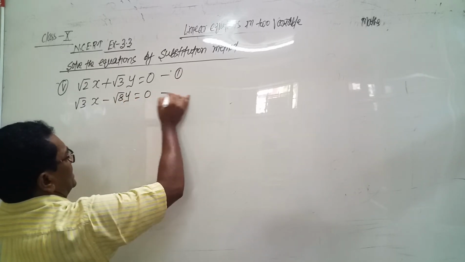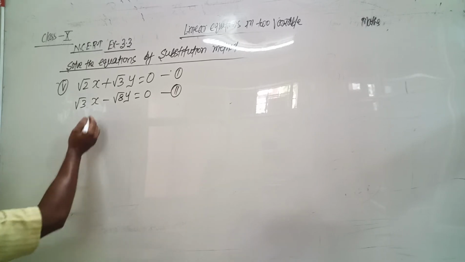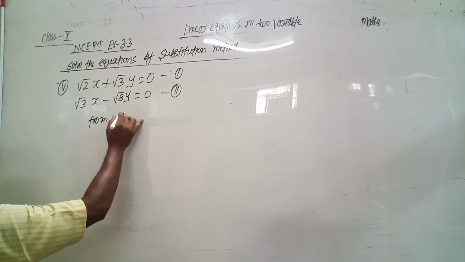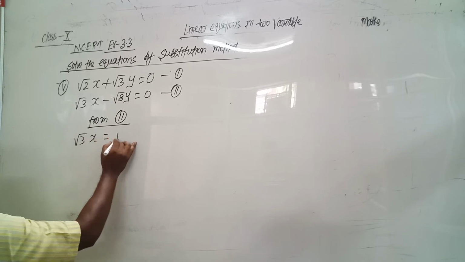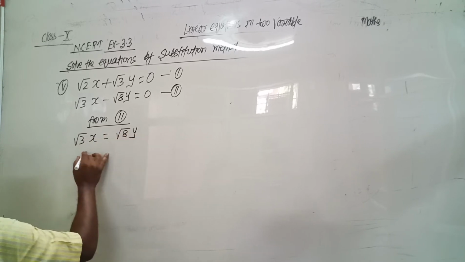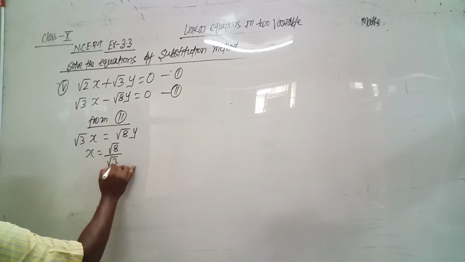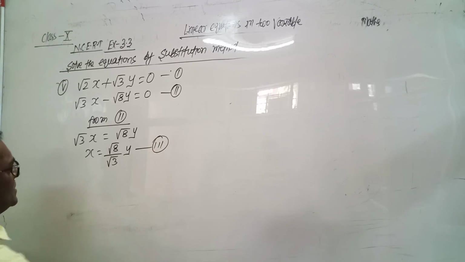Name it first equation, and this is the second equation. Now in this we eliminate x from the second. So from second we can write root 3x equals root 8y, and the value of x comes to be root 8 by root 3 into y. Name it third equation.